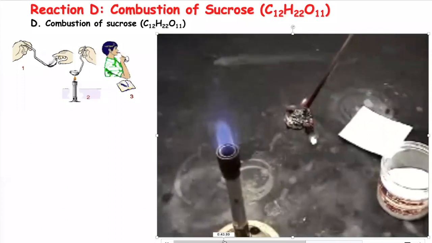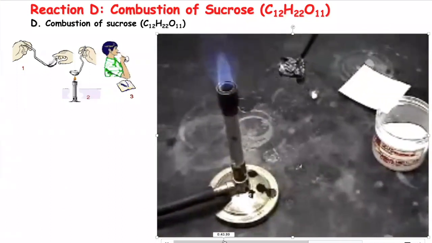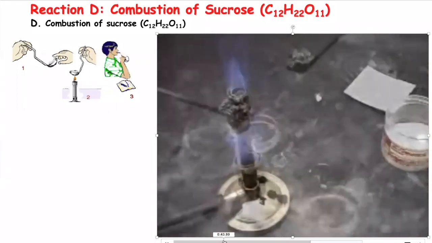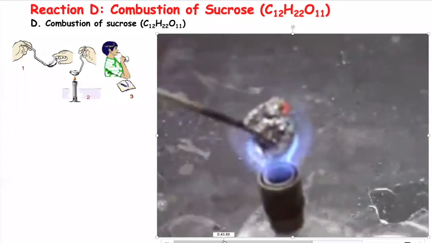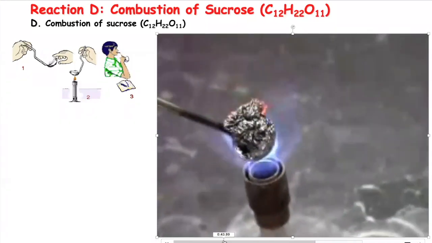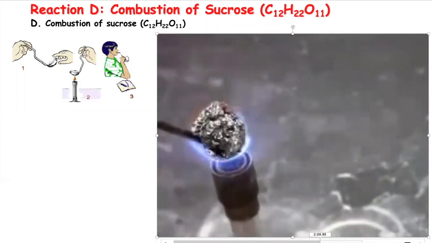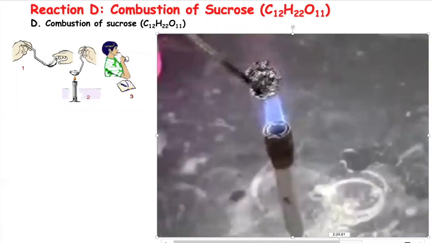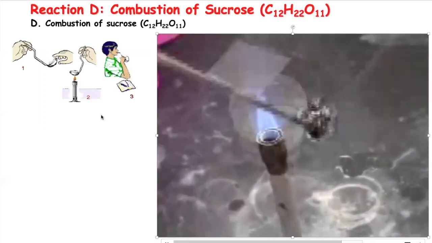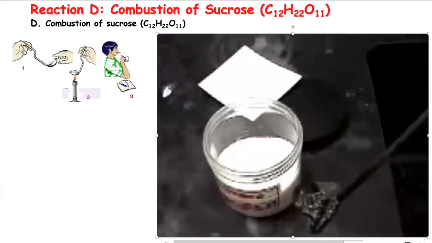But you're also combusting it, because that's a combustion process. You're forming carbon dioxide and water. Okay, so that's the demonstration for this particular lab, and that's it. That's the one step.